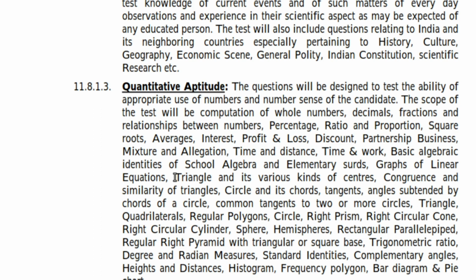You also need to do geometry, mensuration and trigonometry, as this also has triangles and their various kinds of centers, congruence and similarity of triangles, circle, its chords, tangent, angle subtended by chords of a circle, common tangents to two or more circles, triangle, quadrilateral, regular polygon, circle, right prism, right circular cone, right circular cylinder, sphere, hemisphere, rectangular parallelepiped, regular right prism with triangular or square base, trigonometric ratio, degree, radian measure, standard identities, complementary angles, height, distance, histogram, frequency polygon, bar diagram and pie chart.